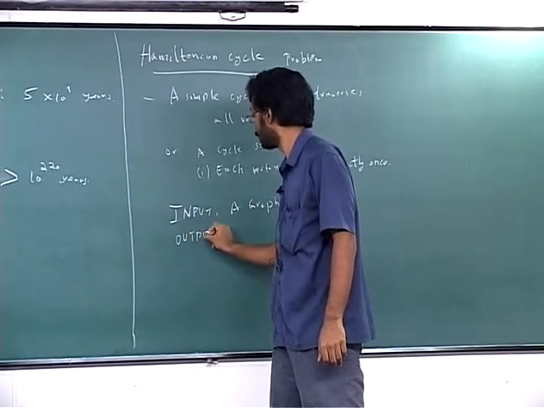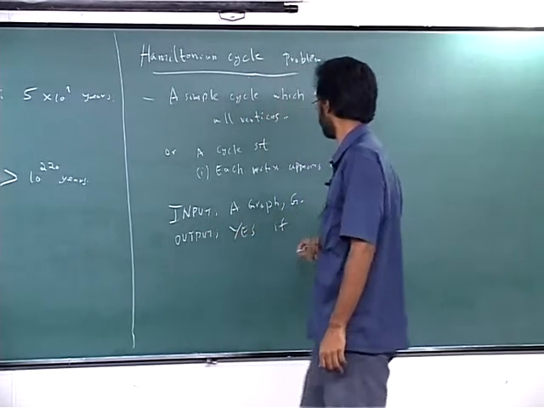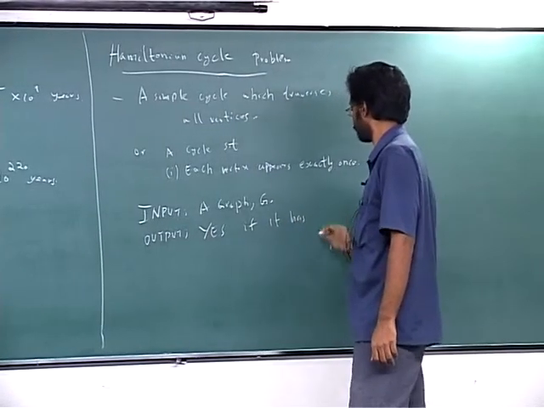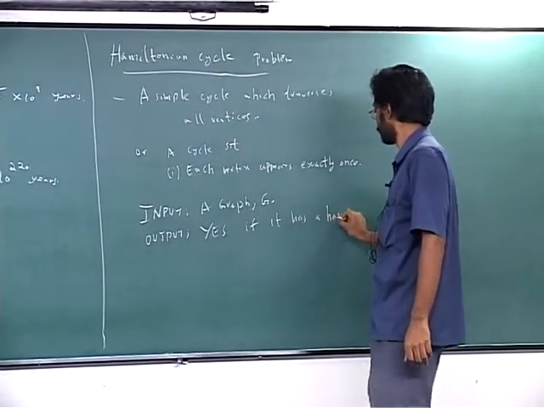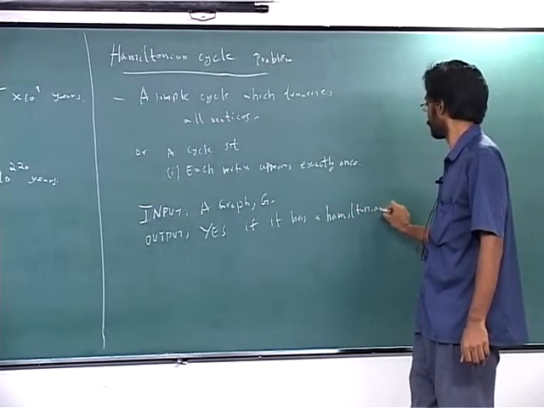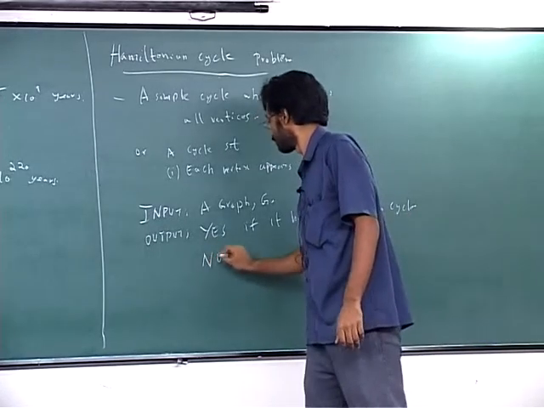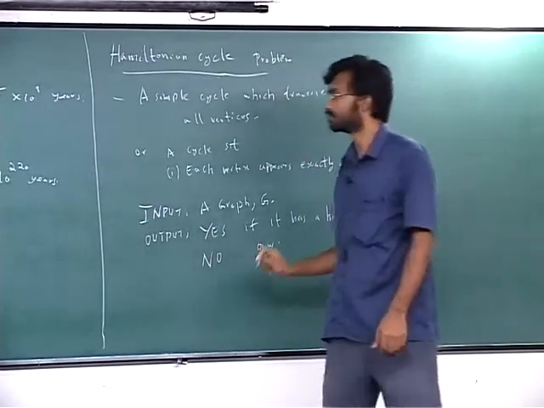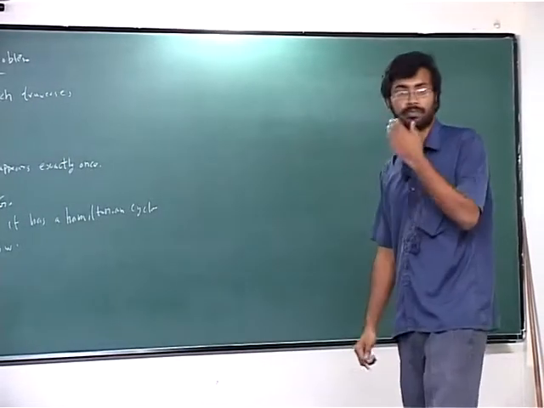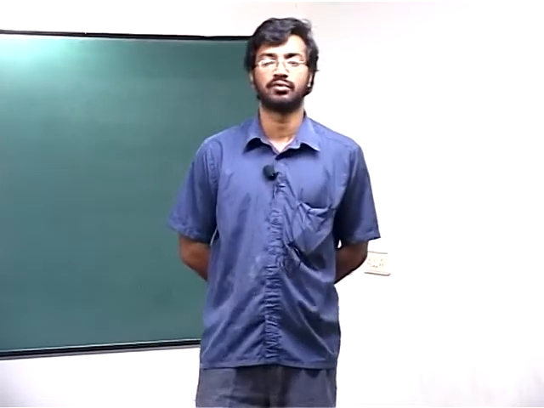What should you output? Yes, if it has a Hamiltonian cycle, no otherwise. So can you give an algorithm? Can you try to solve this?